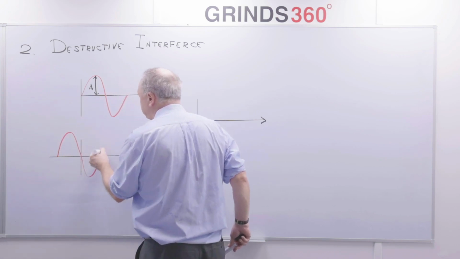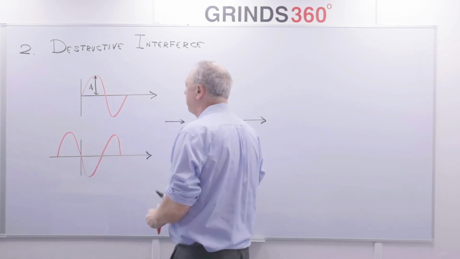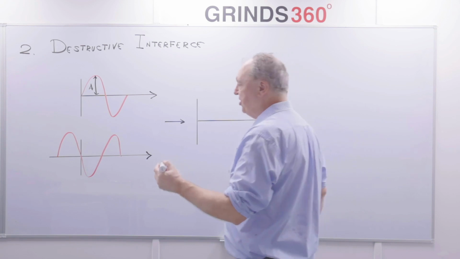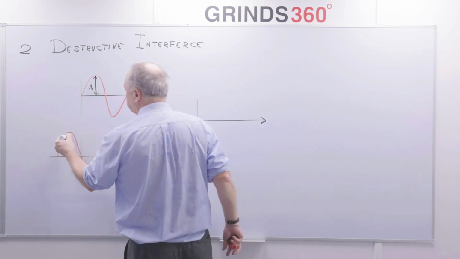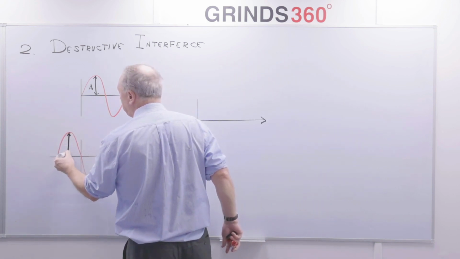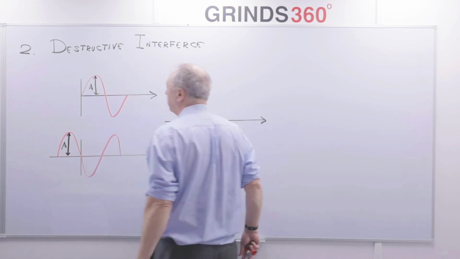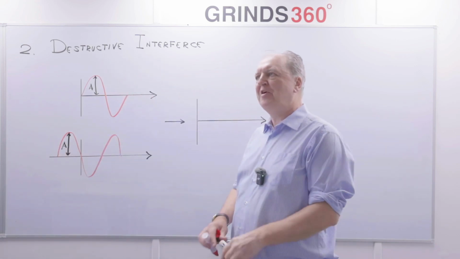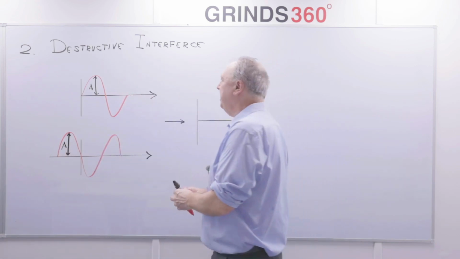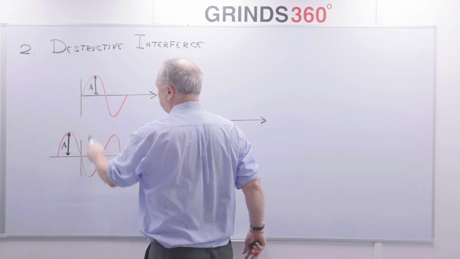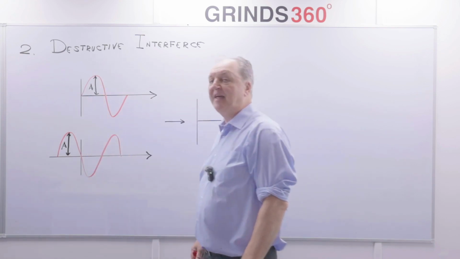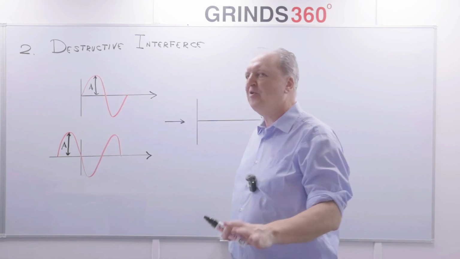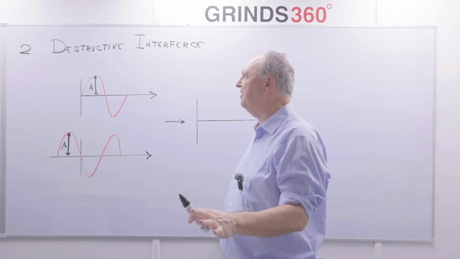You know what half a wavelength is. There's half a wave there. Then my wave continues as so. Once again, its amplitude is A. Well, what's going to occur here? You can see here that crest is going to meet that trough. And if they have the same amplitude, they're going to cancel each other completely.